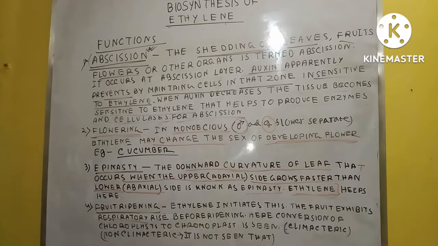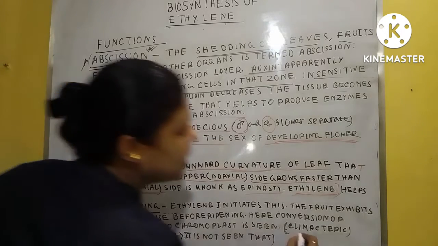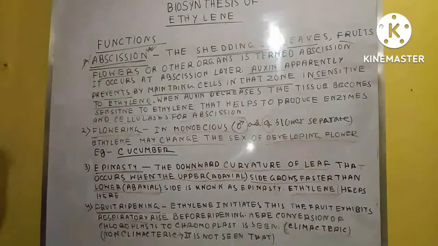The fruits that totally depend on ethylene for their ripening process are called climacteric fruits.